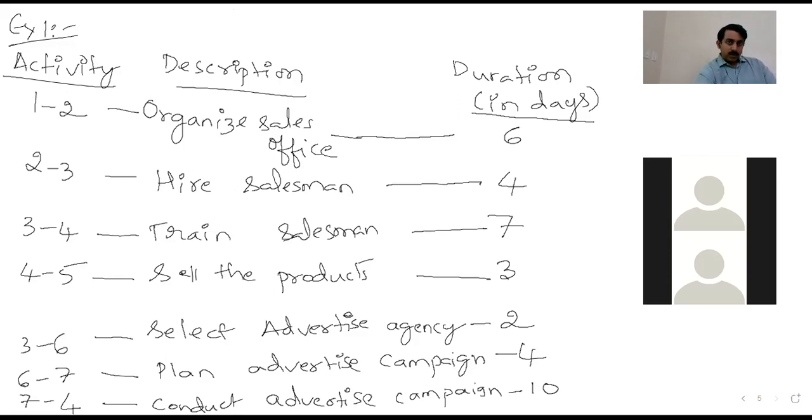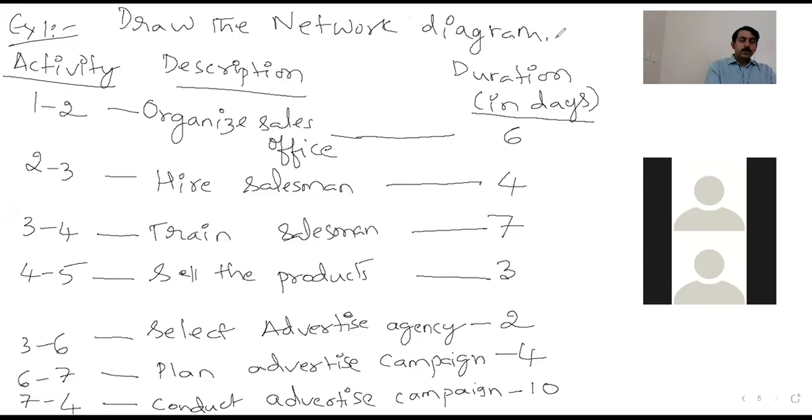Then go about it. Now the question statement is, what is the question for the network? So this is the complete project, right from the inception of the sales office until the completion of sales.